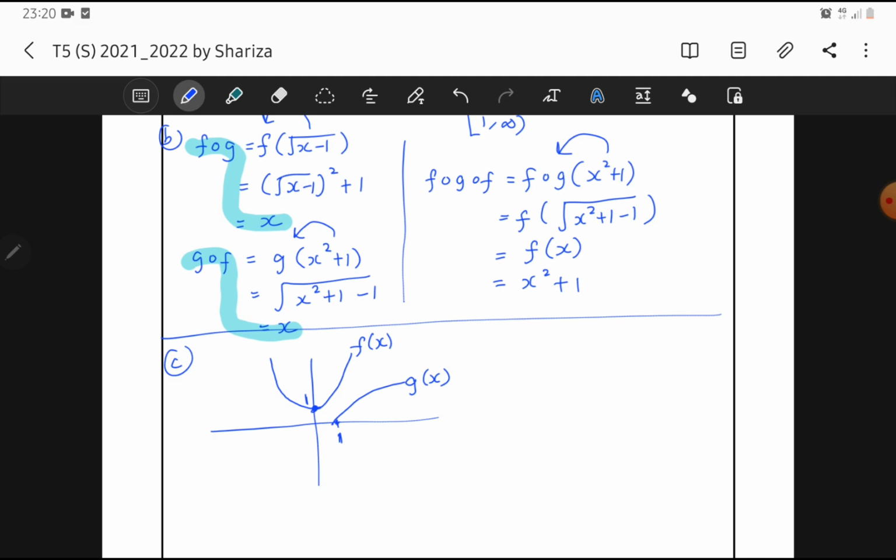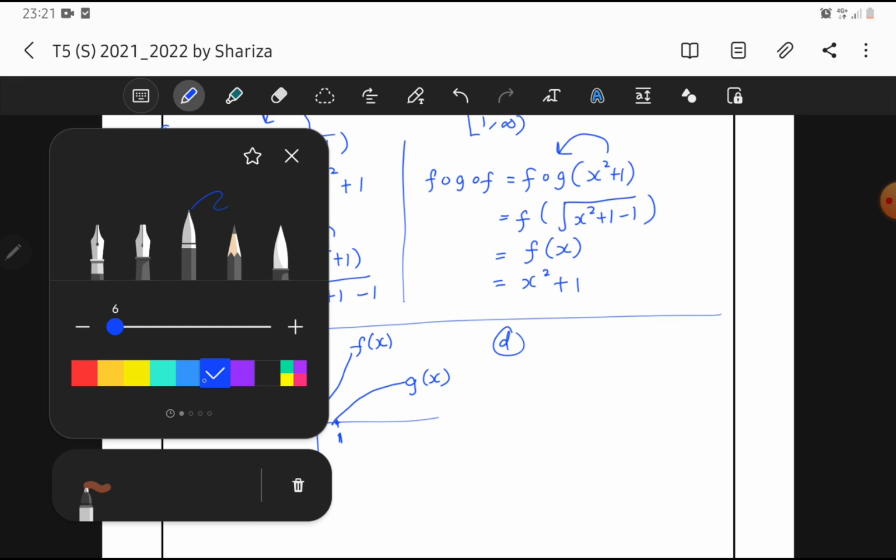Label tu wajib. Awak labelkan f(x), awak labelkan g(x). So ini in general lah, kita lukis f(x) tanpa cut at any value of x. Kita lukis full f(x) and g(x). Okay, part C done.